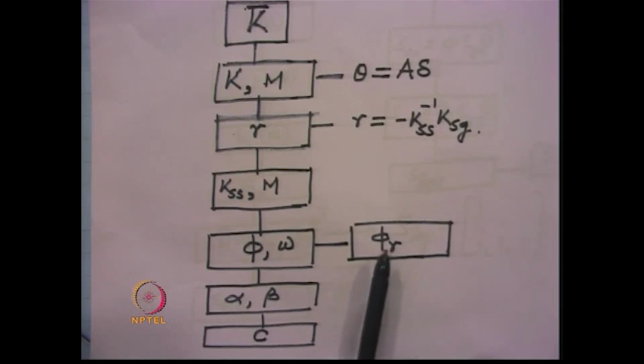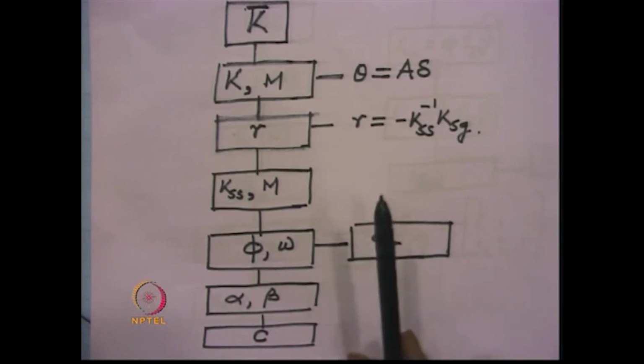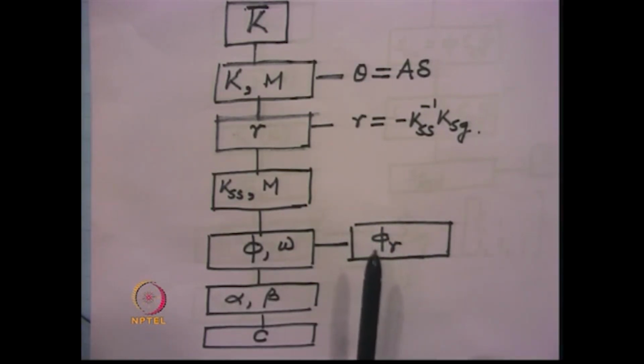And how to obtain that we have described before, that is, if I subject the structure to a force of M ω_i squared, where M is the matrix and ω_i is the ith frequency, then the displacement response that we get will correspond to phi, and the solution for any response quantity, that is bending moment or shear force, taken out from that solution, will give the mode shape coefficient for that response quantity.